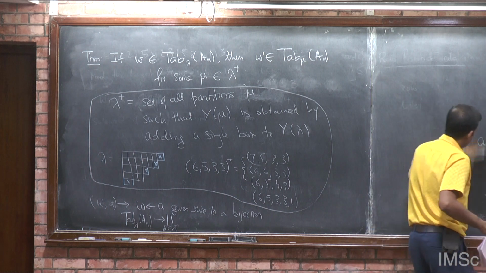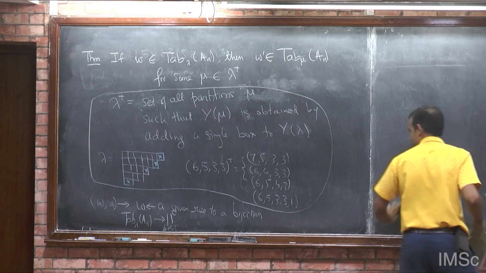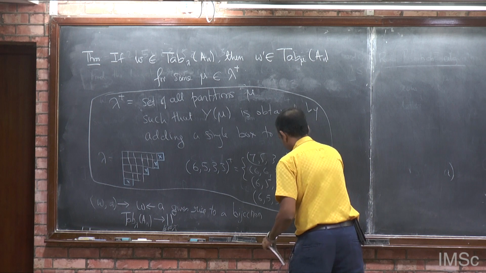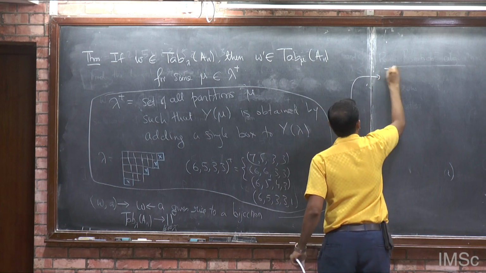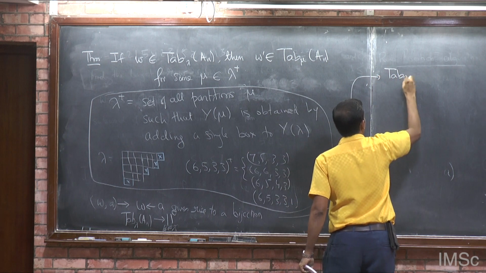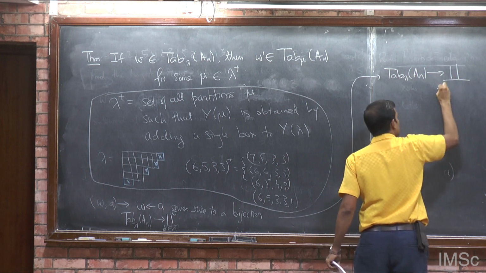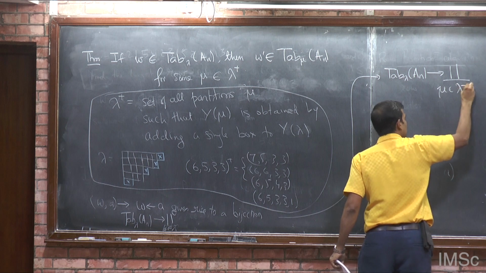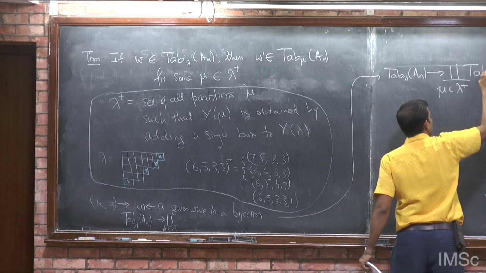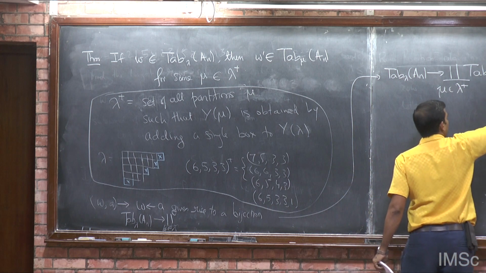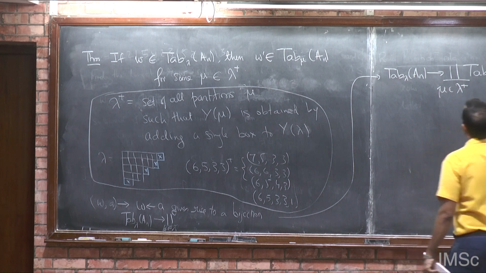Gives rise to a bijection from tab lambda A n to the union, mu belongs to lambda plus, tab of A n.